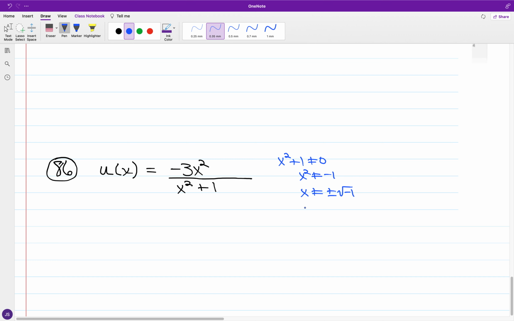Again, with the square root property, the exclusions will be complex numbers, so there's no real value excluded from the domain. And so what that means is that we're back to where the domain is the set of all real numbers.